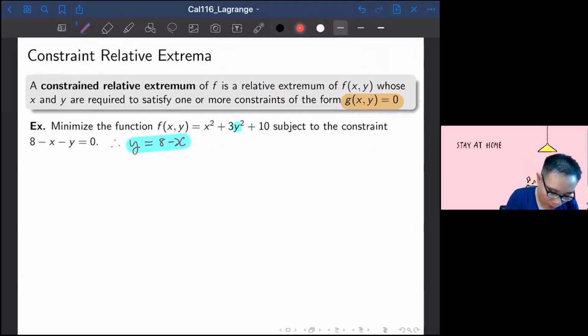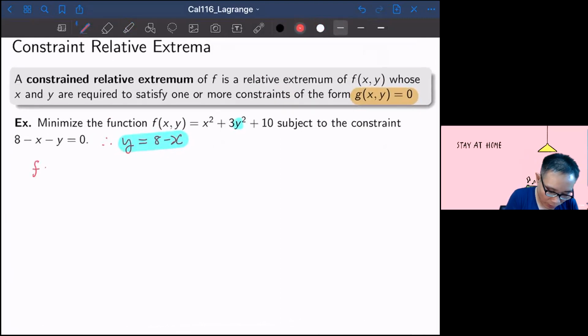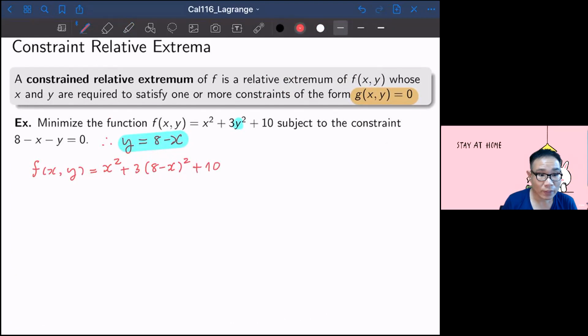So in this case, you would have f given by x squared plus 3 times (8 minus x) squared plus 10. You see that you have no y anymore, so you have a function in x only.